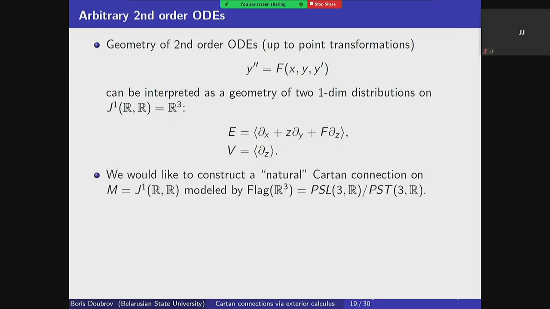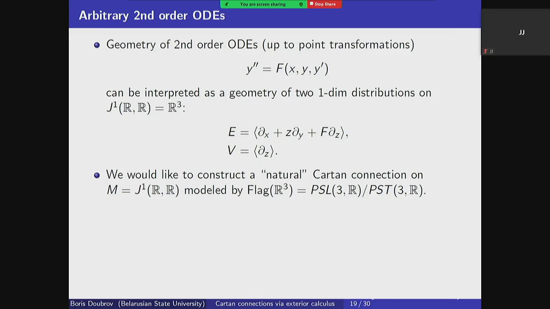So that's how we come up with this model. The model will be full flags in R3 viewed up to PSL3, all linear transformations. And by full flags, I mean, of course, lines and two-dimensional spaces in R3, which, if you projectivize things, give us points and directions through these points.